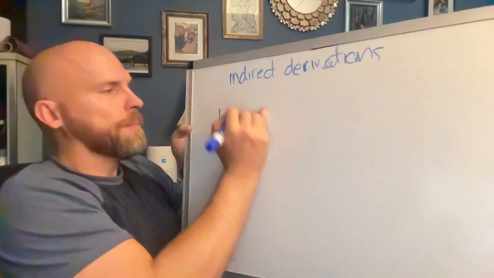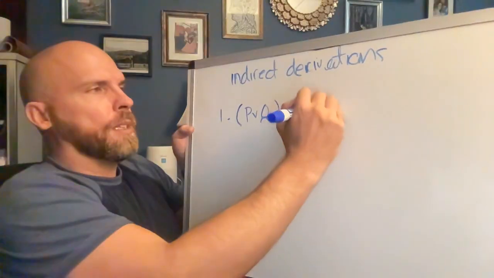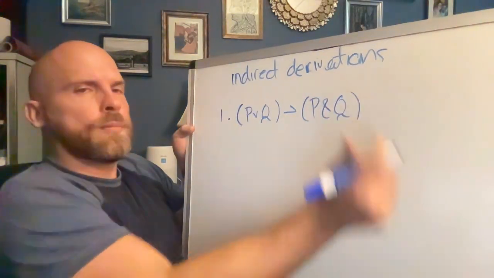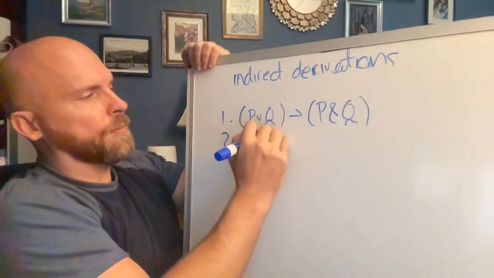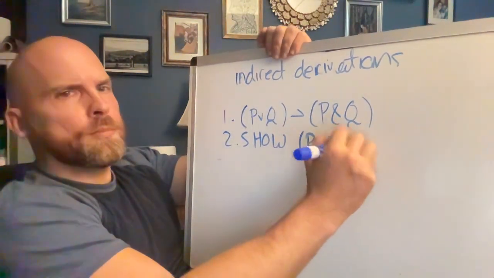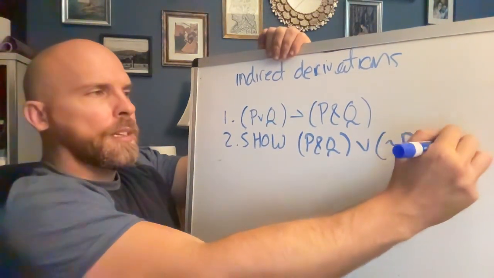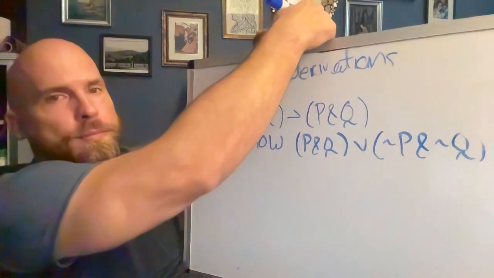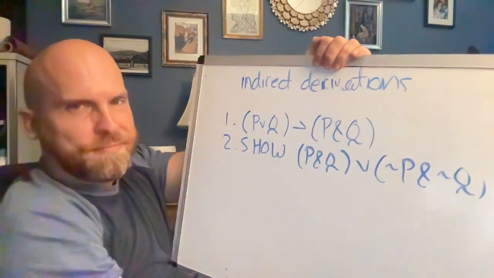Indirect derivation, P or Q, then P and Q. Now, what I'm going to do is I'm going to show P and Q, or not P and not Q. Now, how am I supposed to do this?